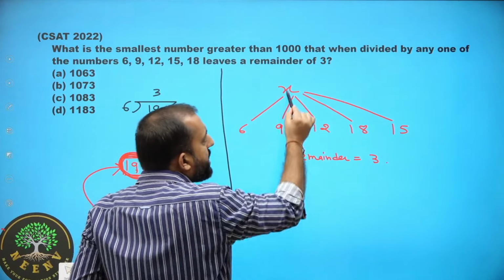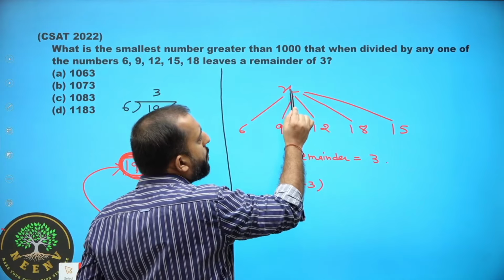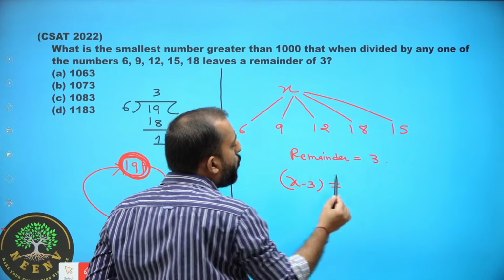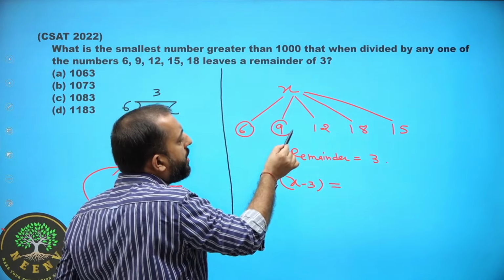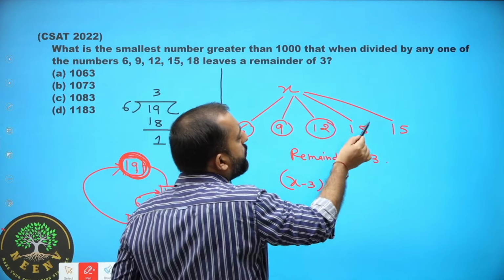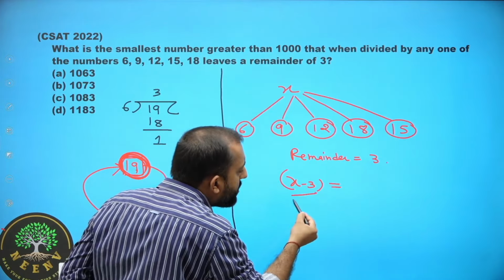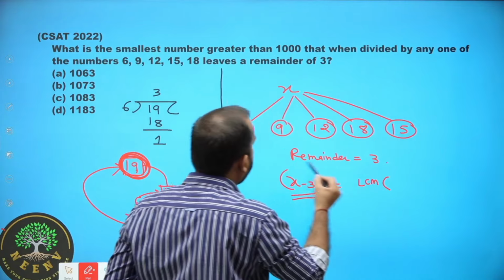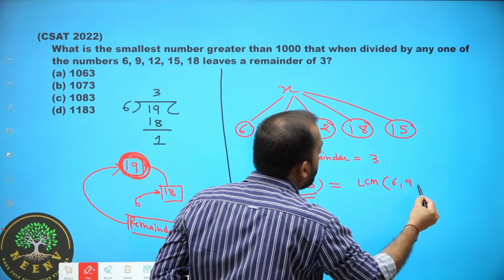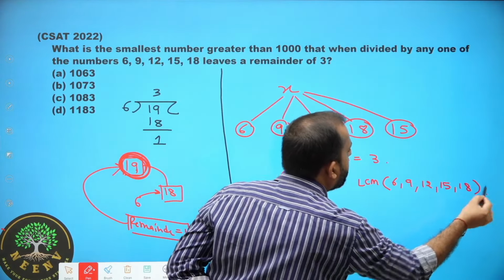So if I subtract 3 from x, this result will produce a multiple of 6 as well as 9 as well as 12 as well as 18 as well as 15. So this x minus 3 must be equal to the LCM of 6, 9, 12, 15 and 18.